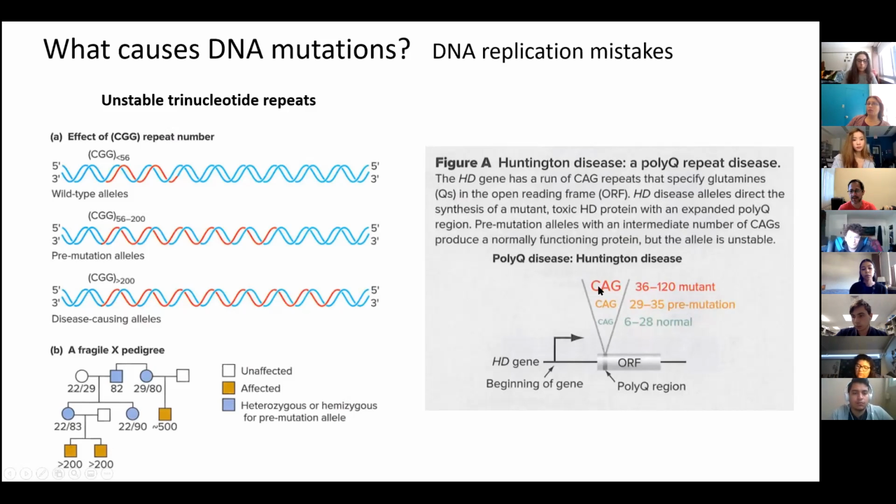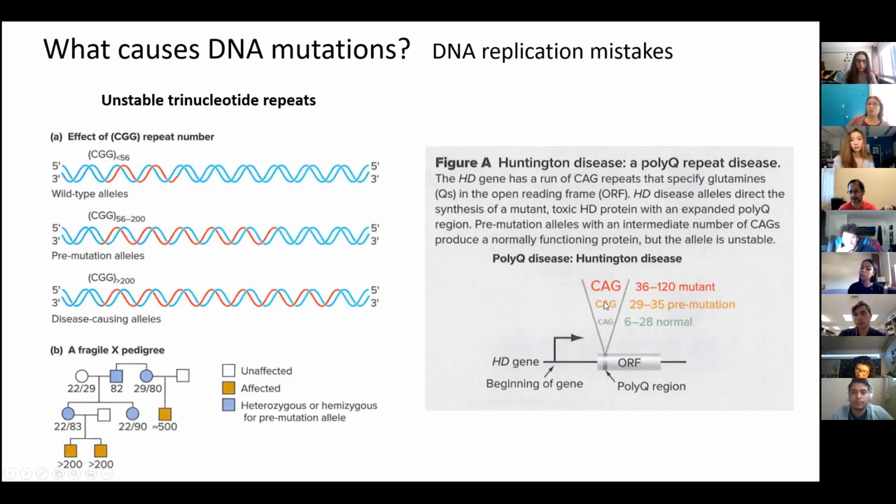What happens is that this CAG sequence encodes glutamine, so the protein synthesized from this sequence, when there are 36 to 120 repeats, will have a lot of glutamines. That's toxic for the cell.